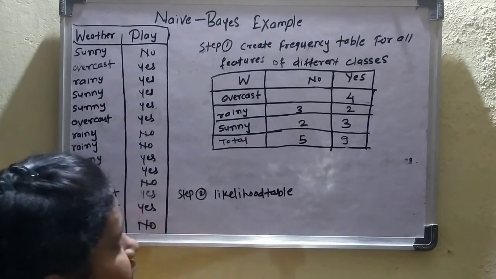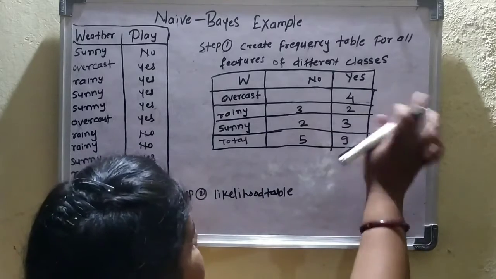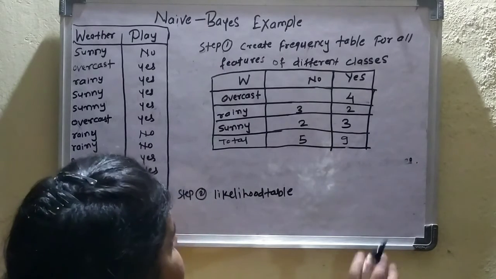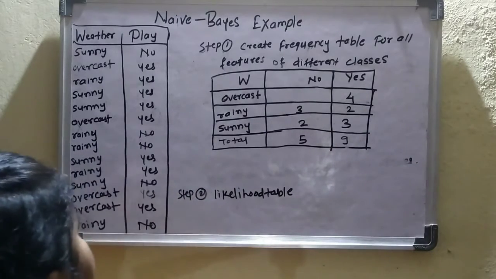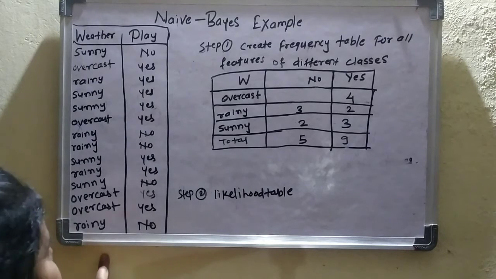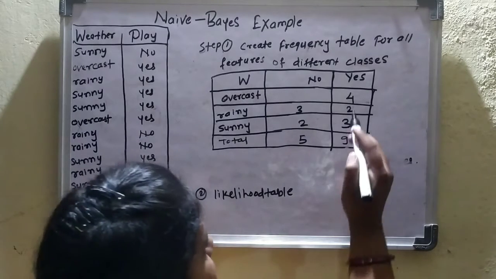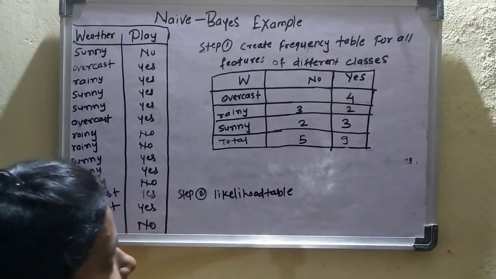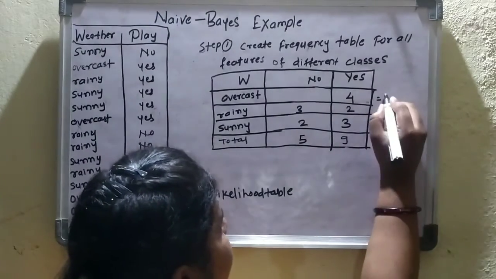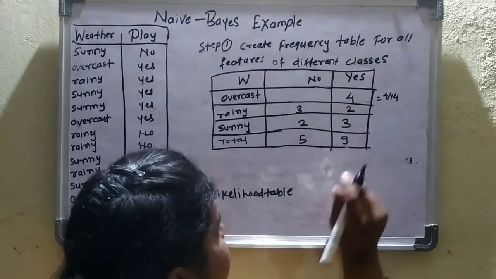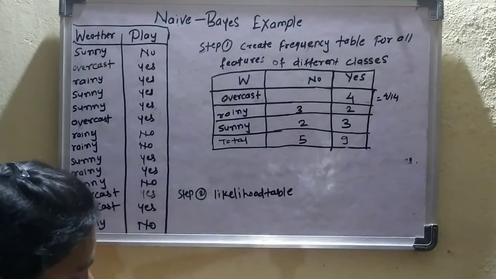Now we have the total values here. If we calculate all the values, we have a total of 14 values. So whatever the probabilities are, for overcast it will be 4 by 14. For all these things we have to calculate.